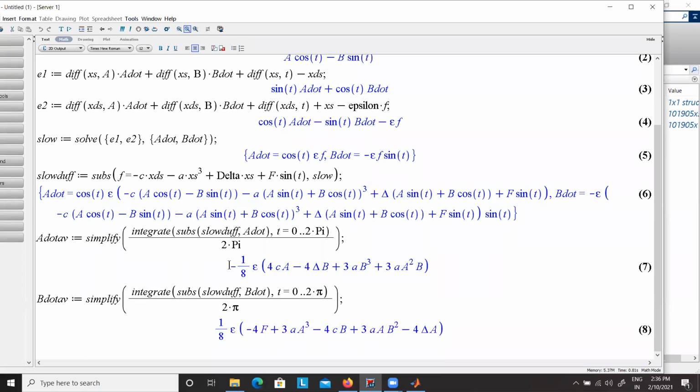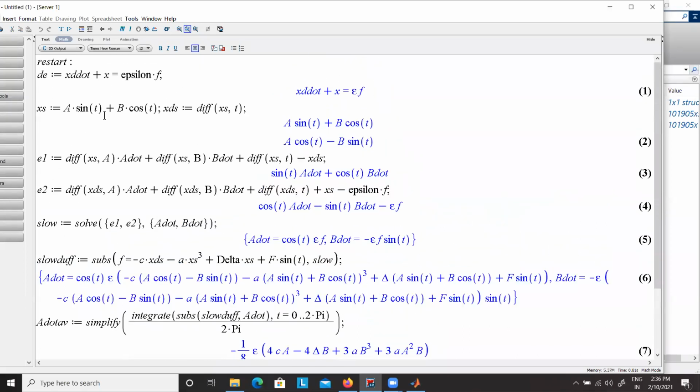Yes, sir. Okay, so what we are saying is, suppose I have this harmonic oscillator, I release it from some initial condition, then the solution is approximately A sine t plus B cos t, because this is small. If it was 0, the solution would be exactly A sine t plus B cos t for A and B constants.